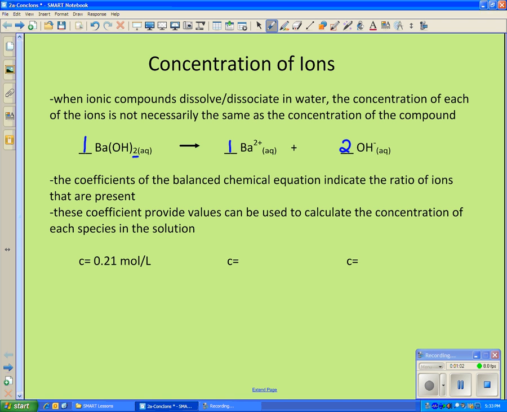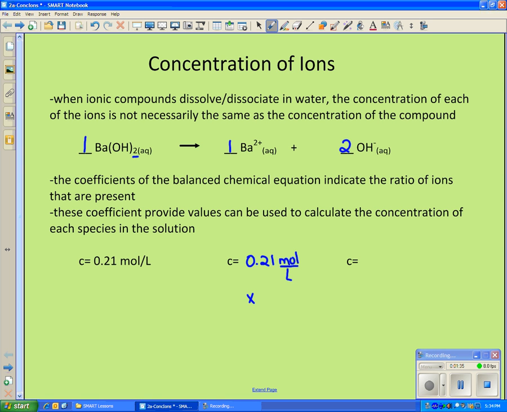So if I tell you that you have a concentration of the compound, barium hydroxide, of 0.21 moles per liter, we're going to use that and those coefficients to calculate the concentration of the barium and the hydroxide in the solution. So for barium, we want to start with the concentration of the original compound, so that's 0.21 moles per liter, and then we want to multiply by the ratio of the barium ion and the original compound.